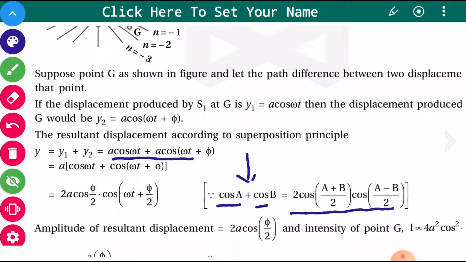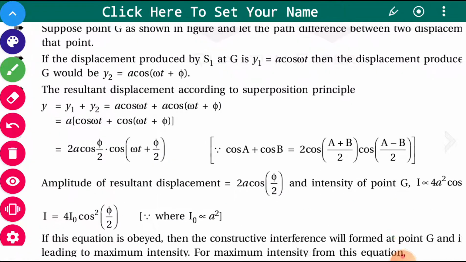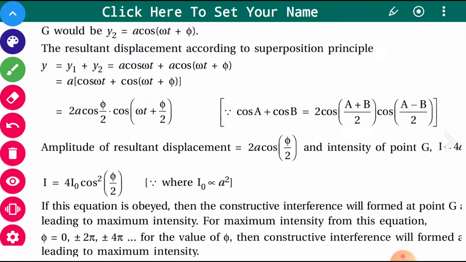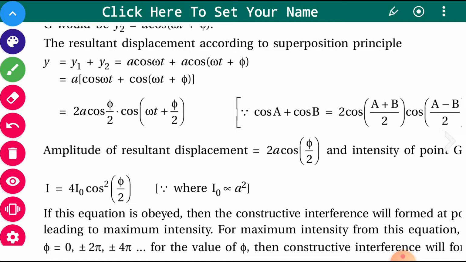We take a common, so we have cos omega t plus cos (omega t plus phi), and if we apply this rule it becomes 2a cos (phi by 2) into cos (omega t plus phi by 2).